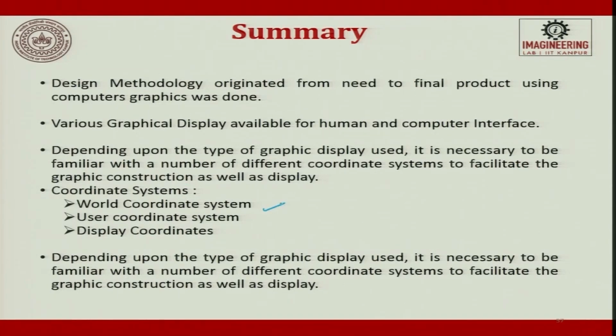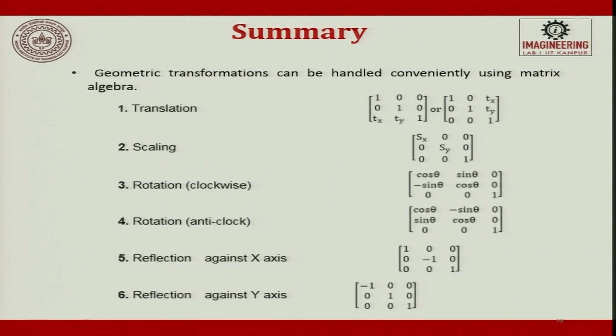So, we had world coordinate system, user coordinate system and display coordinate system. These are the different types of coordinate systems we saw, to facilitate the graphic construction as well as display.